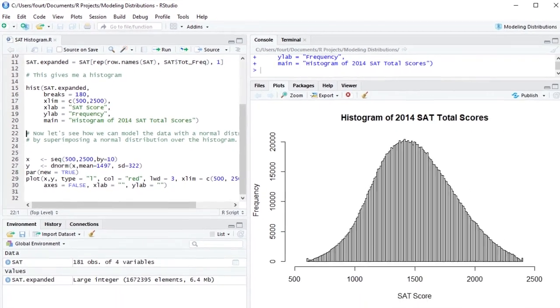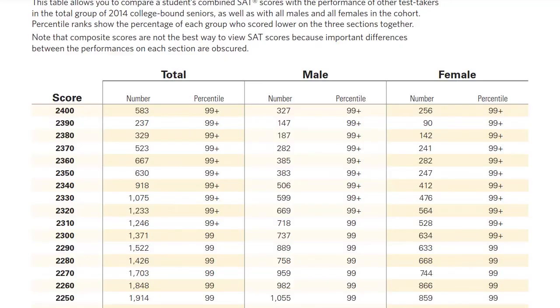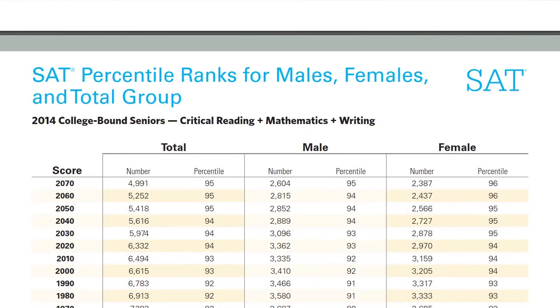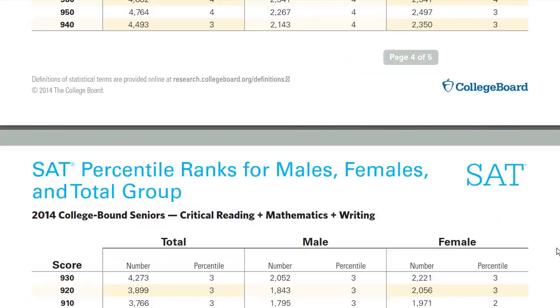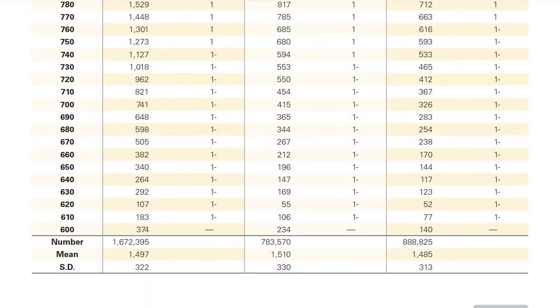Let's look back at our original table. If we scroll all the way to the bottom, we see that the mean for these data is 1497 and the standard deviation is 322. Let's use these as our parameters.